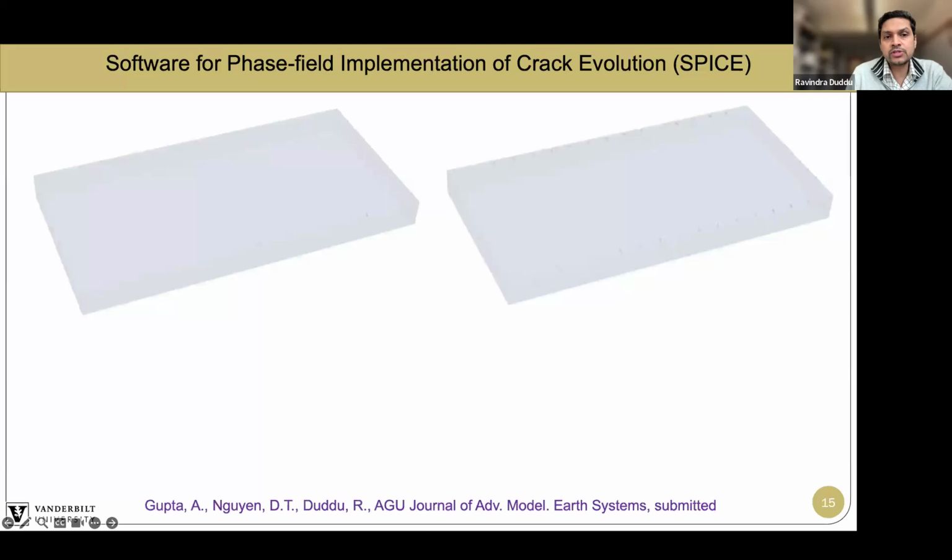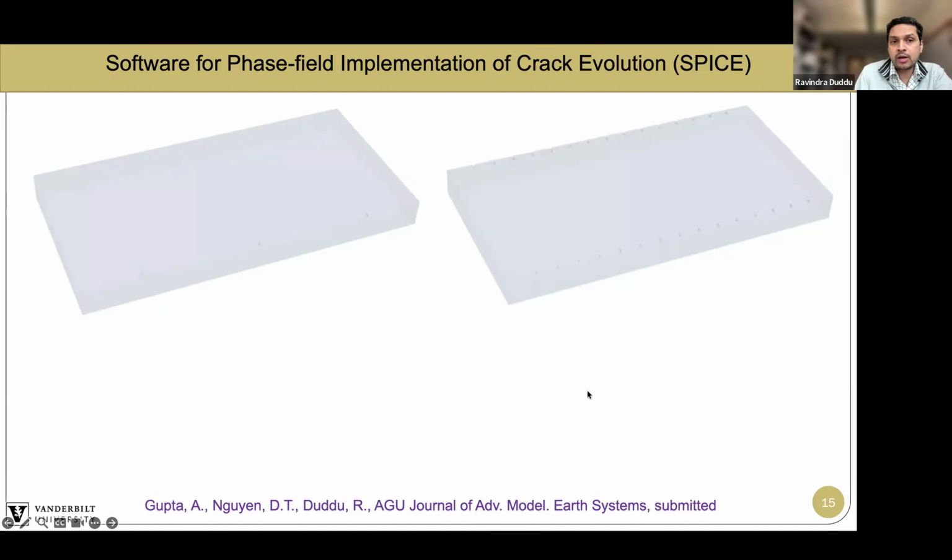So this was a very interesting exercise. So then what we did was, hey, let's do it in 3D and try to see how crack interactions happen in space, because this was our objective, right? To see crevasses and rifts in this one unified 3D formulation. So this is a paper we just submitted to the Journal of Advances in Modeling Earth Systems.